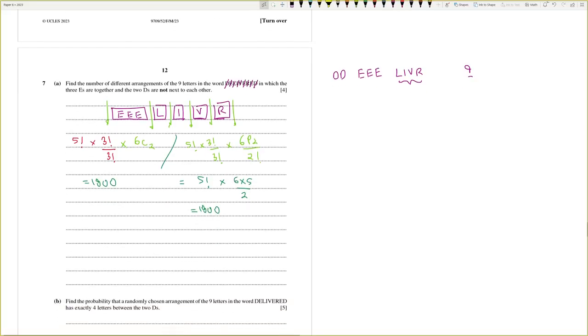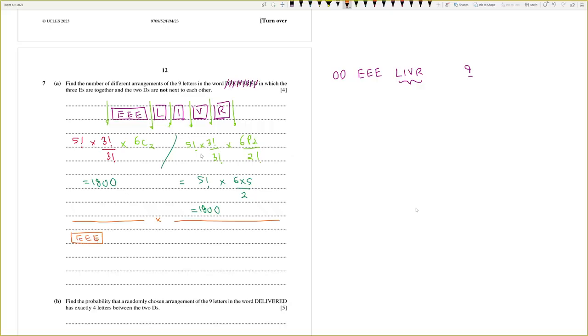There is another method where you can actually consider the D's to be together, and then you can subtract it from the total number of ways. Okay, I'll show you that method as well. This is method number 2. So what are the total number of ways with the E's together? E, E, E, right?